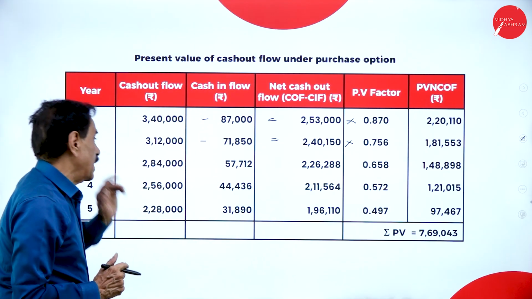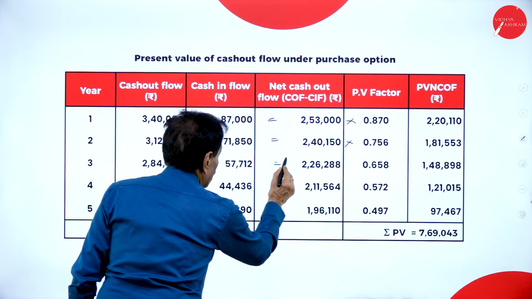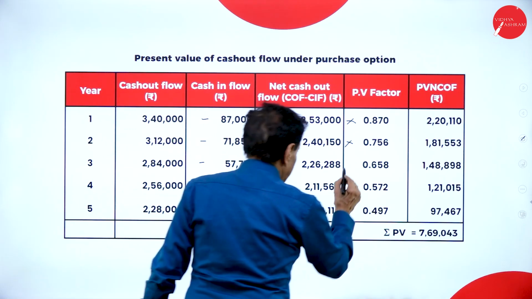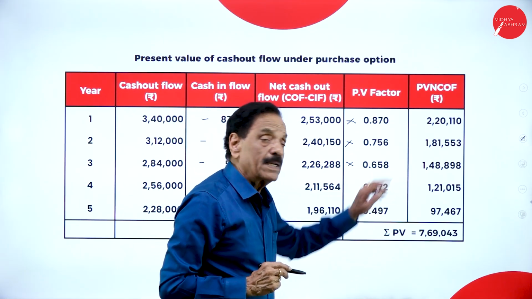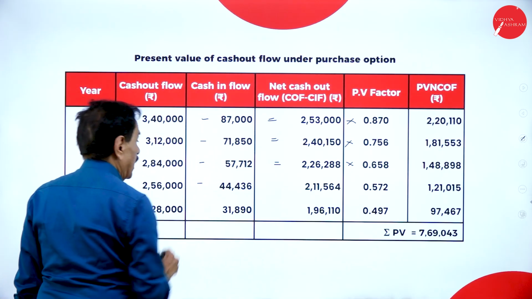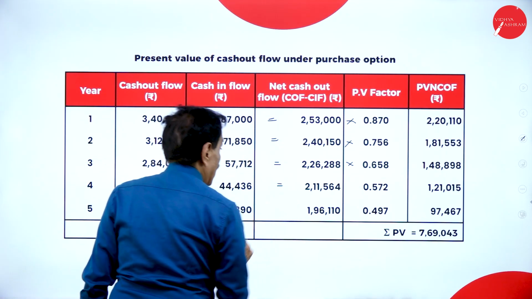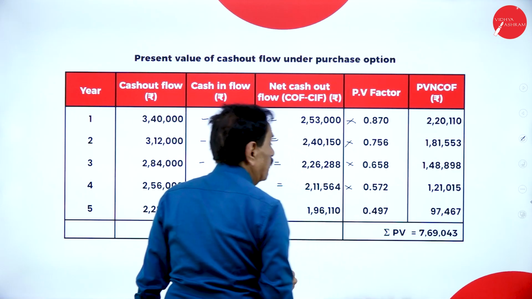1,81,553. Third year, 2,84,000 minus 57,712 is equal to 2,26,288 multiplied by 0.658. It comes to 1,48,898. Then 2,56,000 minus 44,436 is equal to 2,11,564 multiplied by 0.572.